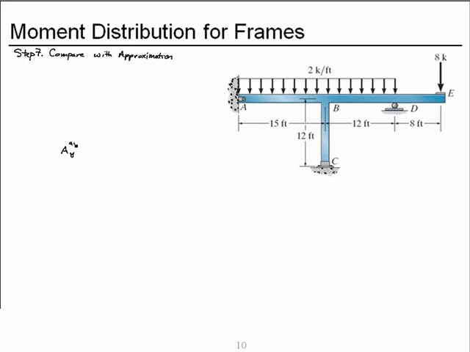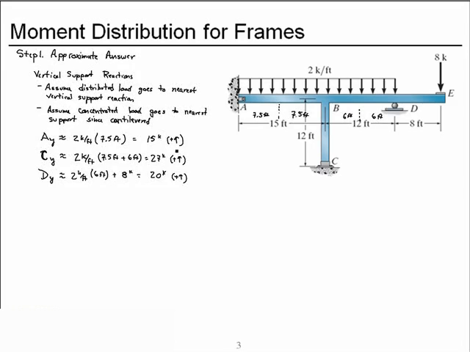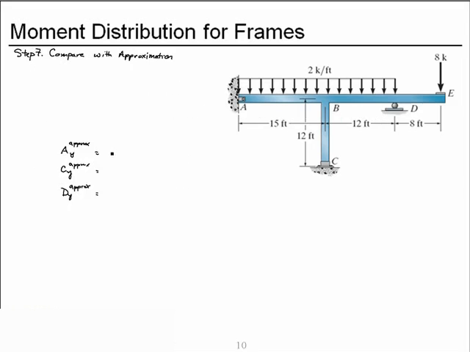We had approximated AY, CY, and DY. And we predicted them to be roughly 15 kips, 27 kips, and 20 kips, all acting up.